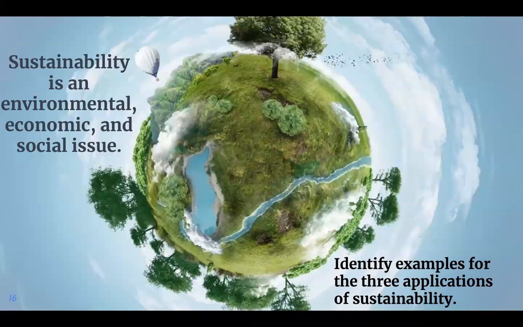Are marginalized communities more exposed to hazardous waste or environmental risks? So there are all kinds of things involved in this concept of sustainability. So as you read your book and as you think about this issue, I want you to try to identify examples of environmental, economic, and social sustainability.